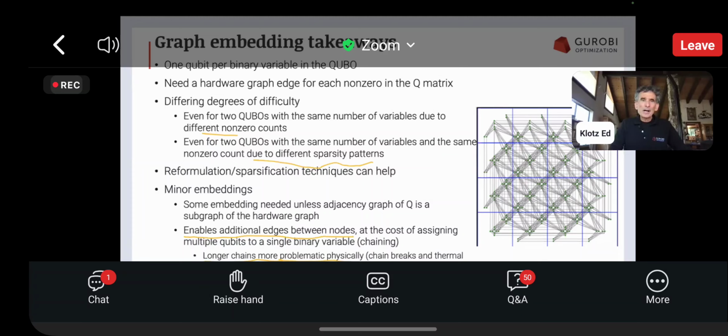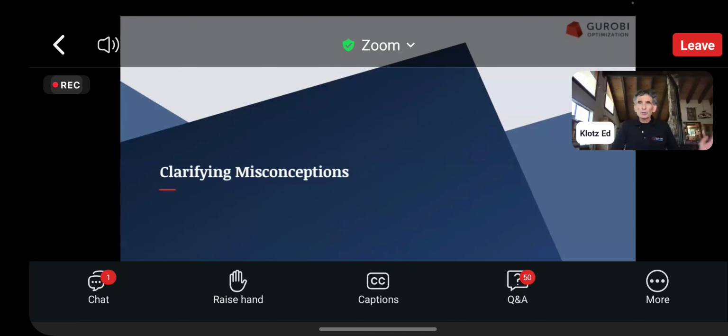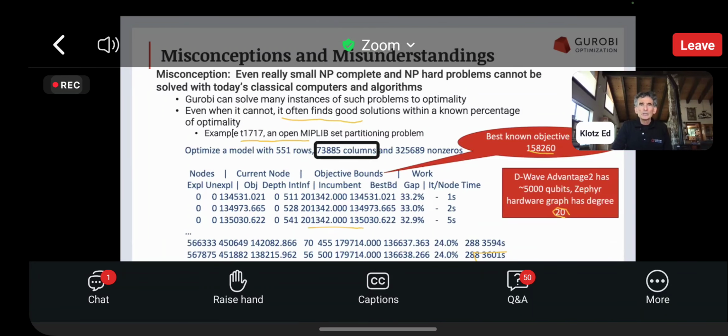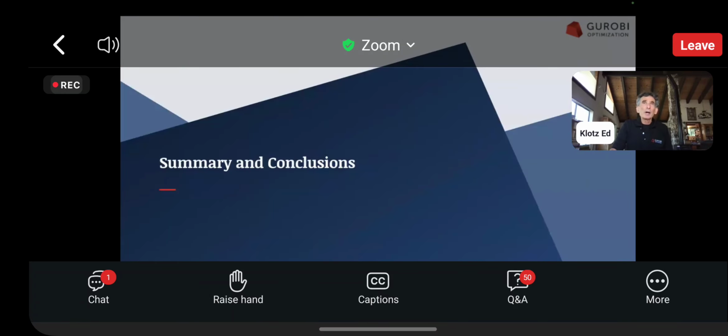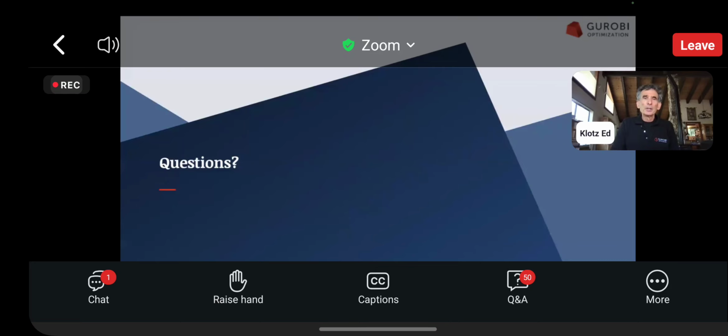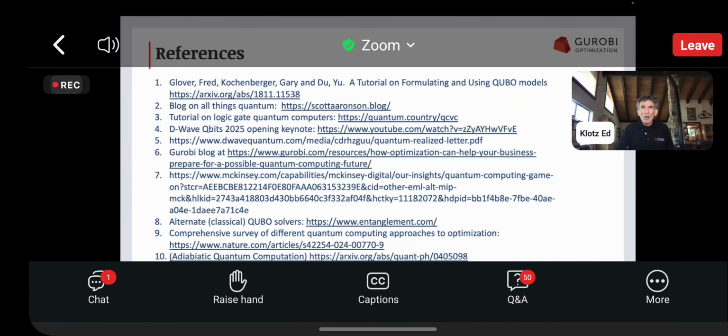And fundamentally, the amount of embedding we need to do increases as the differences between the adjacency graph of Q and the hardware graph increase. So that's the sort of deeper dive into the embedding process. And that also explains why you have annealers with 5,000 qubits, but the size of the model you can actually solve on them is significantly less.